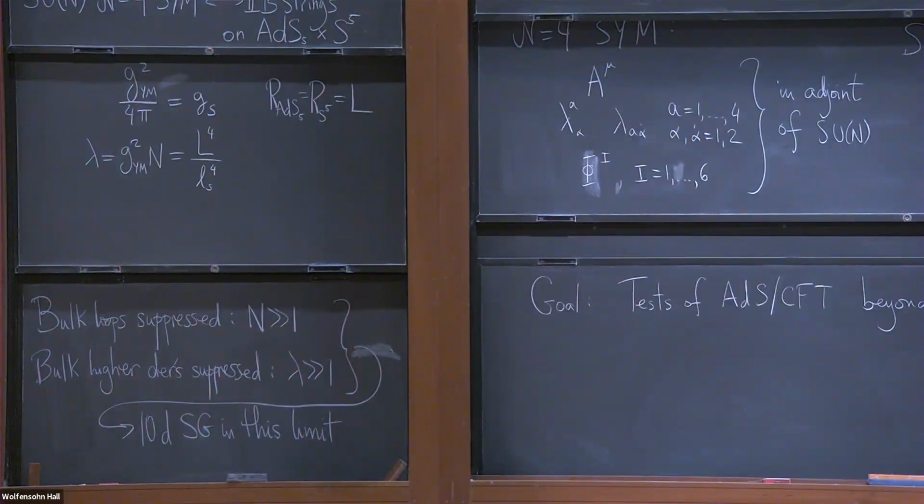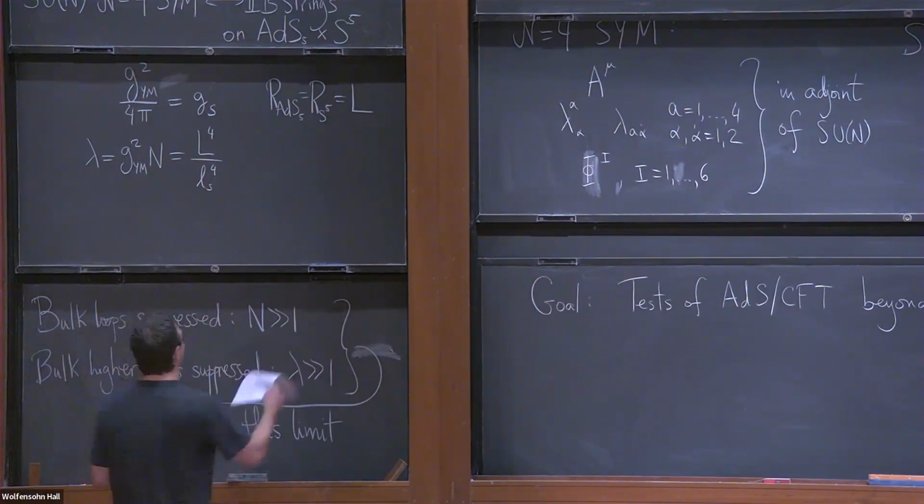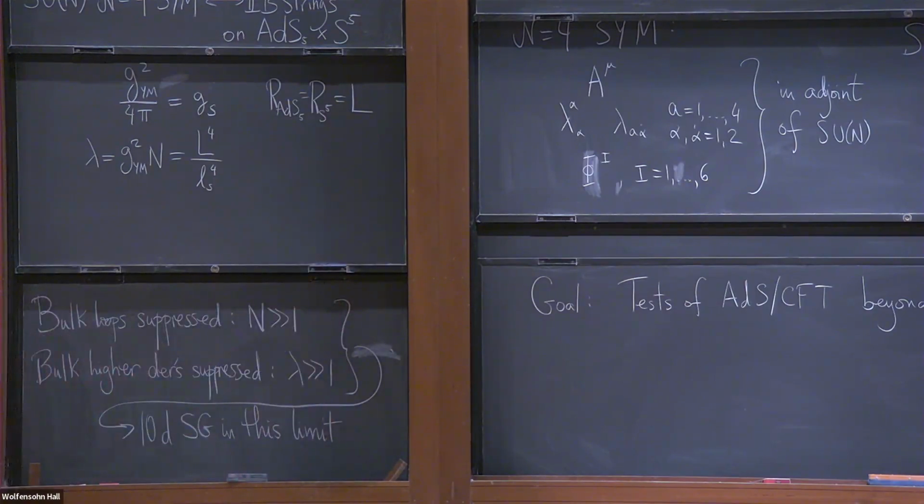Just to remind you, one of the best studied examples is the duality between N=4 super Yang-Mills theory with gauge group SU(N) on the gauge theory side, and on the gravity side an AdS5 times S5 background of string theory, where both AdS5 and S5 have the same radius of curvature, denoted by L. Since it is a string theory, there are two parameters, g_string and the string length.